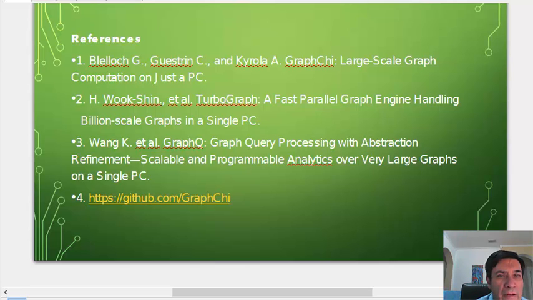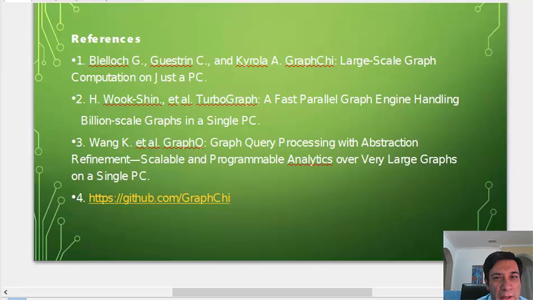One is TurboGraph, a fast parallel graph engine handling billion-scale graphs on a single PC. And the other one is GraphQ, graph query processing with abstraction refinement, scalable and programmable analytics over very large graphs on a single PC. These two papers are just cited as a reference to see the state of the art at this time. So, it seems that there are better systems.